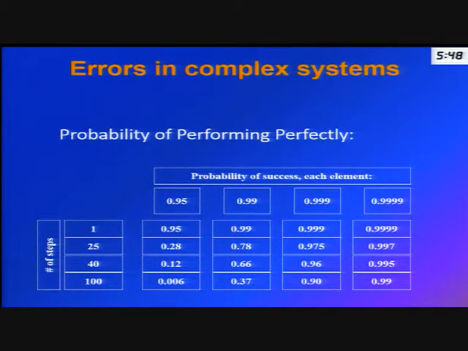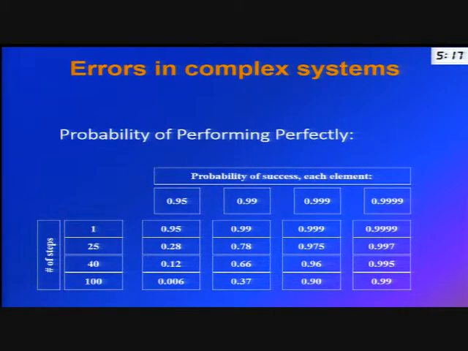An injection of a medication to a patient takes around 40 steps. And on the horizontal, you find the probability of success of each step. So if you have 1 step and 0.95 probability of success, that's the probability of success of that step.